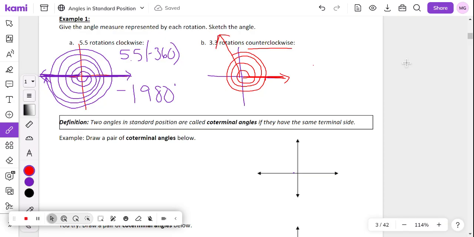And that's where our terminal side would be. Drop that in your calculator, 3.3 times positive 360, because we were going in the positive direction, you would get 1,188 degrees.